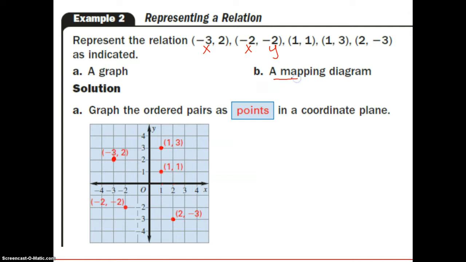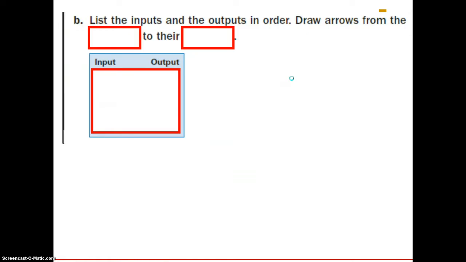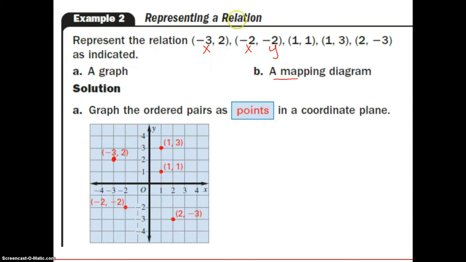Now let's do a mapping diagram. What we need to do is list the inputs and outputs in order, and then draw arrows from the inputs to the outputs. So, going back, I want to put -3, -2, 1. I only need to use the 1 once. I know there's 2 1s, but I only need to use it once.